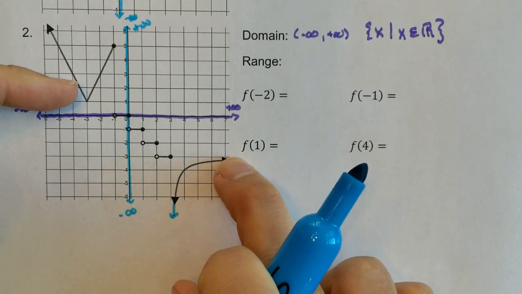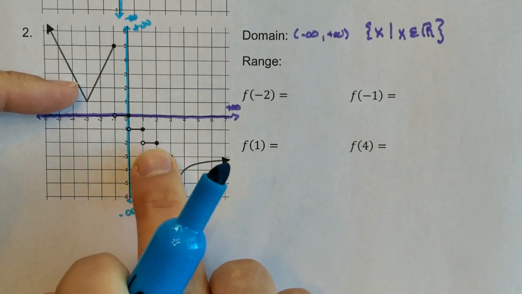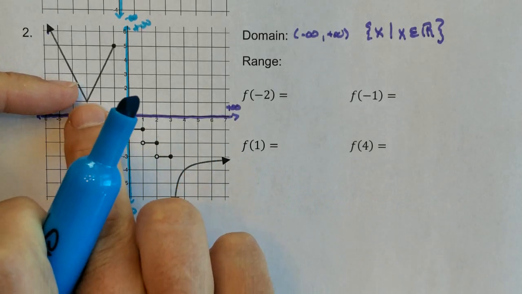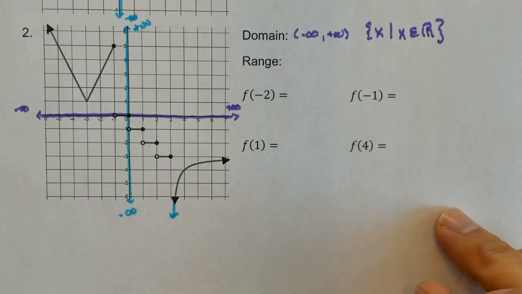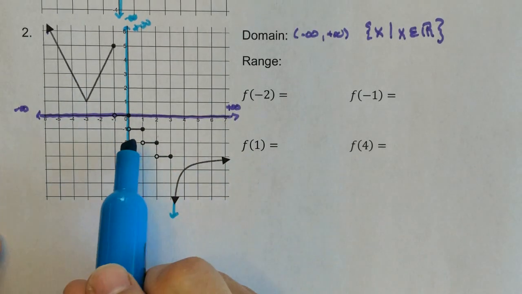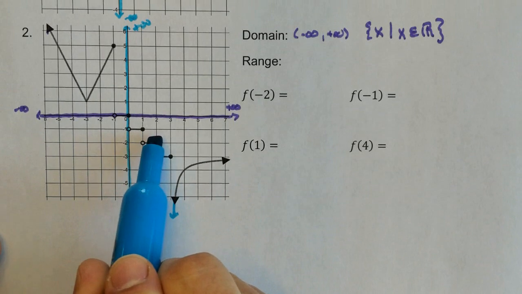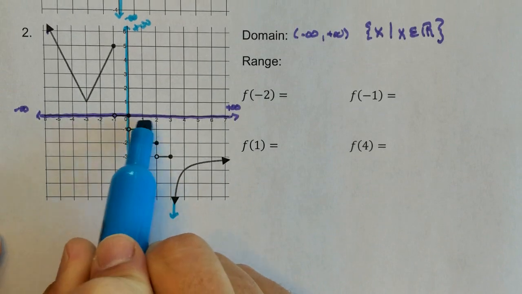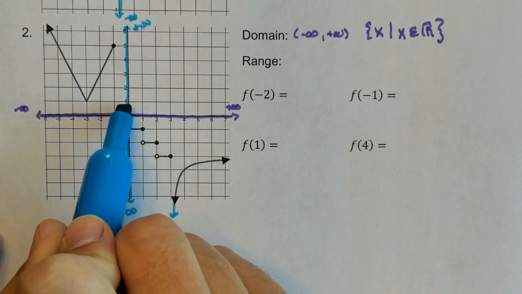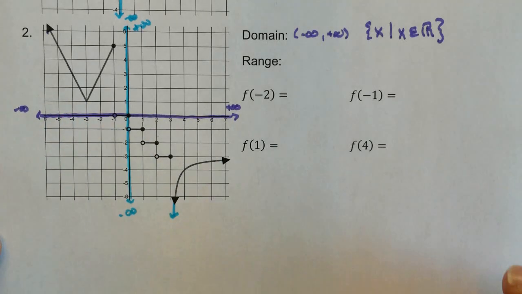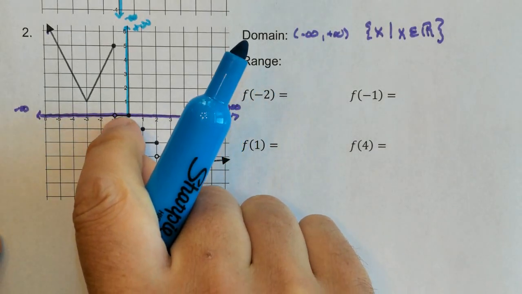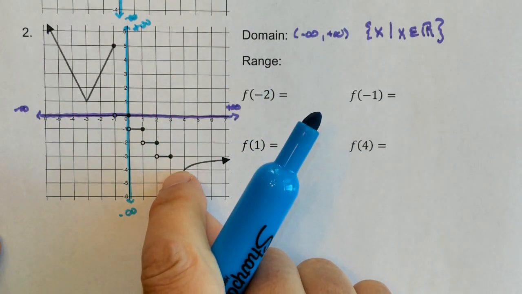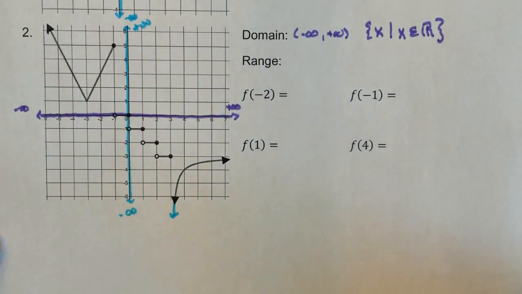And then from -3 to 1, right here, we are only at each and every single integer. So you would notice we do not have a y value for -1.5 or -0.5 or 3/4. There is no y value there. We only have y values at each and every integer from -3 up to 1.